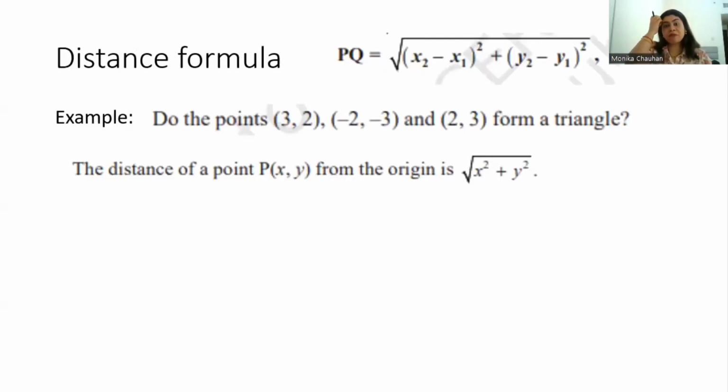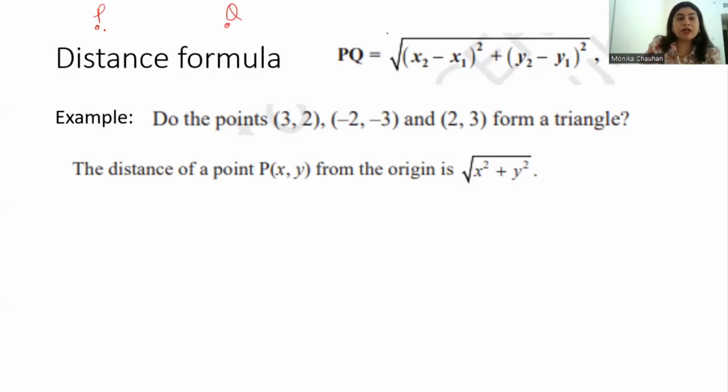The very important part in this particular topic is your distance formula. So what is the distance formula? Suppose you have 2 points, P and Q, and you have to find the distance between these two. Suppose P is this and Q is this point.